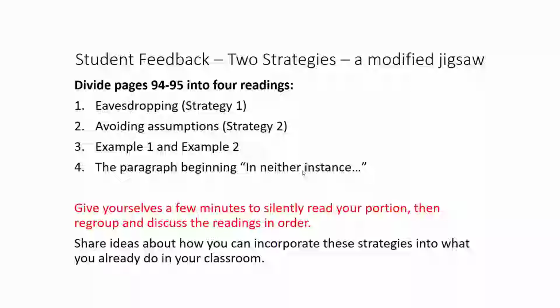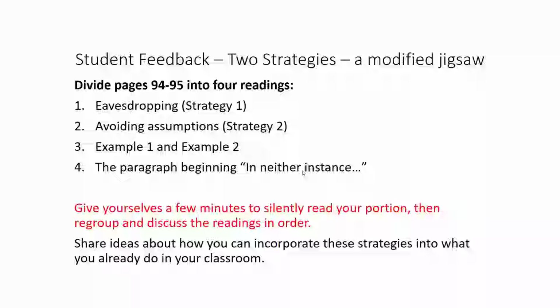So let's divide that second part of the reading from pages 94 and 95, Invisible Learning Feedback, among the 4 of you. If there are 3 of you, you can look at the 2 pages and decide how you want to split that up. The eavesdropping one is quite short. If you have 3 people, maybe the eavesdropping person could also take that first paragraph in avoiding assumptions. But let's do kind of a modified jigsaw.